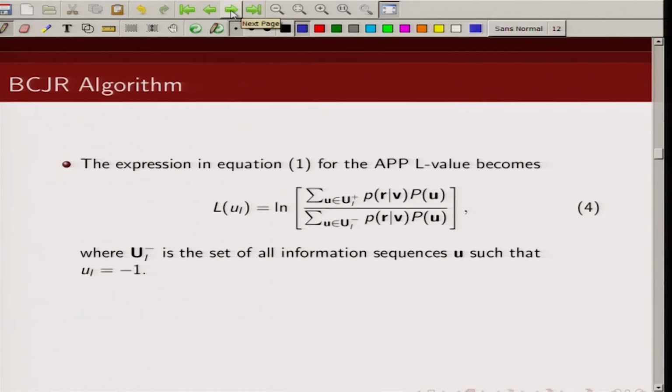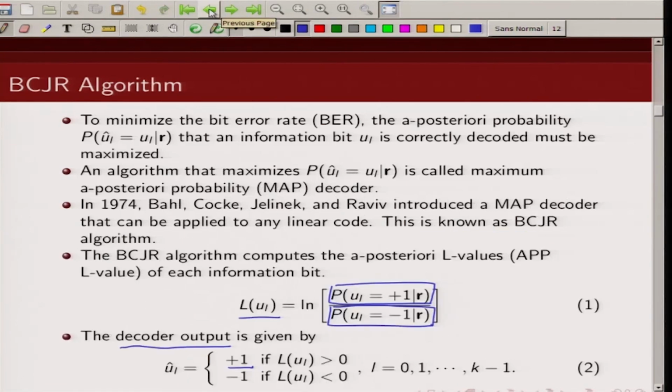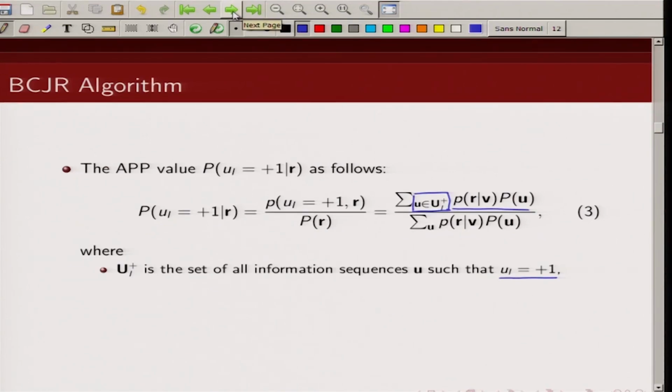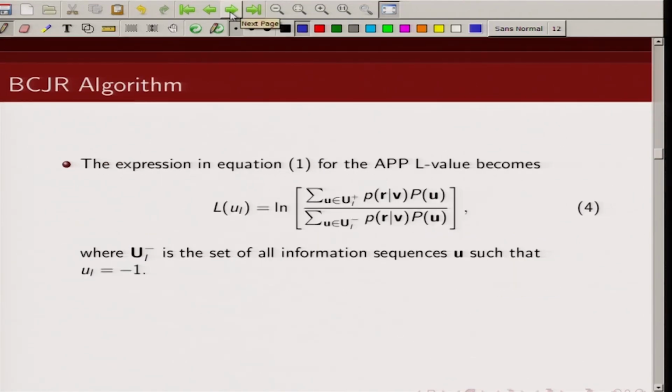Similarly, if you go back, in the denominator we need to compute the probability of U_L being minus 1 given R. Similar to this term, we can write the probability of U_L being minus 1 given R, and the probability of R is a common term. So, if we do that, what we get is this.